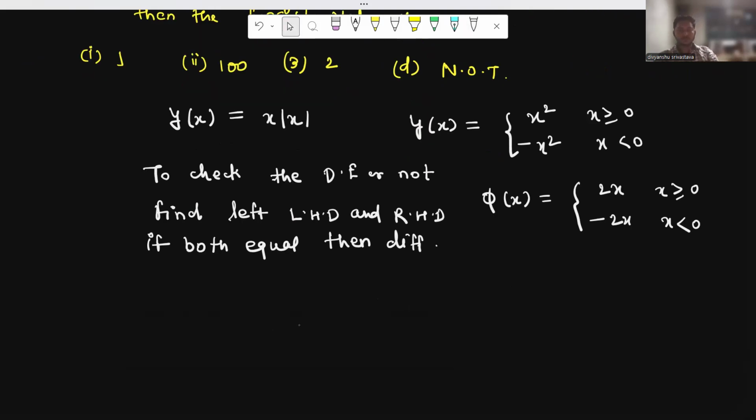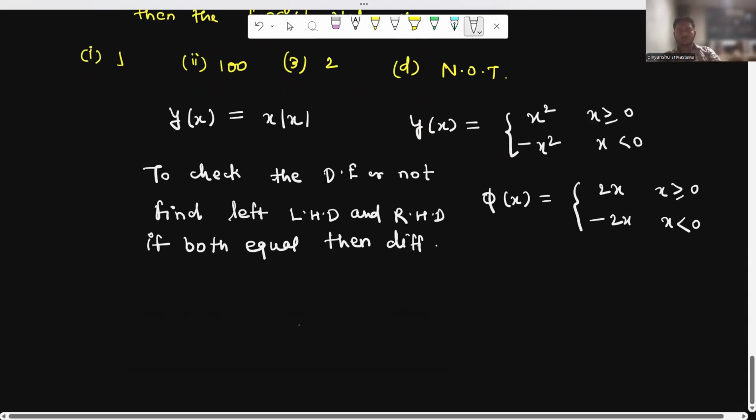So now move on to the limit part. So here is the limit when n tends to what? n tends to 0. Okay. So for n tends to 0, phi x will be equal to 0. Now y is what? y is differentiable already.